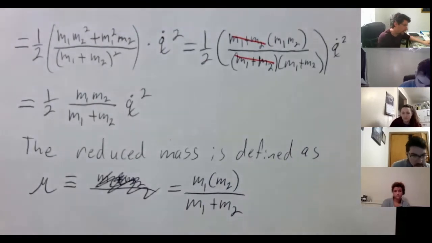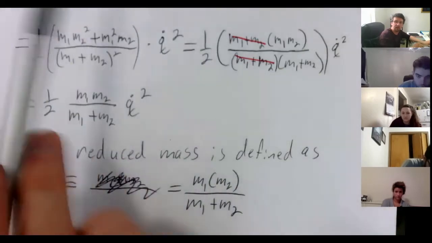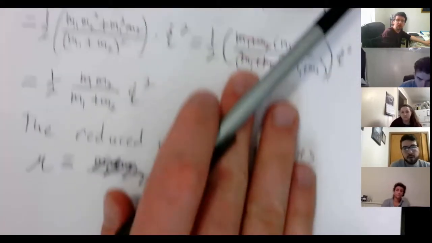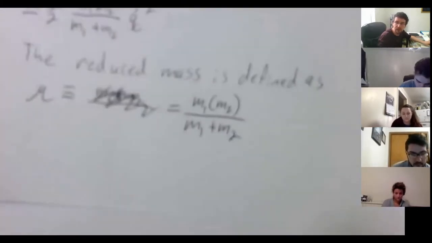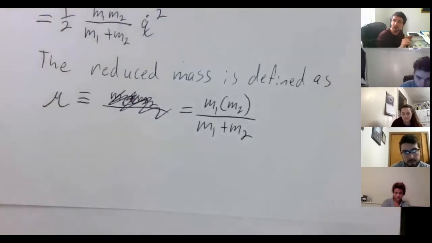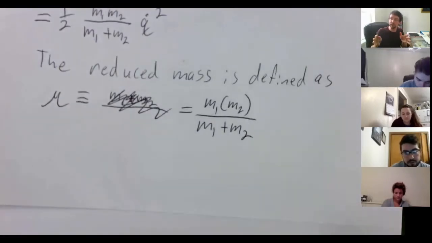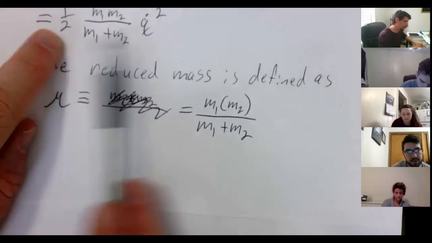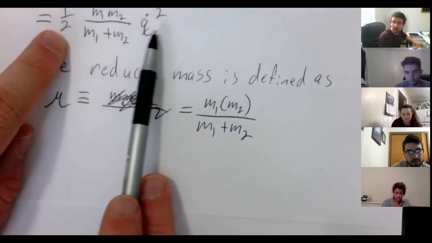So now instead of having a lot of complicated junk like this, where we have multiple terms, multiple kinetic energies, we can use this reduced mass term, and we can just have one single expression for both of these systems. What happened to the 1/2? We're leaving it up there because we also have the Q dot up there.